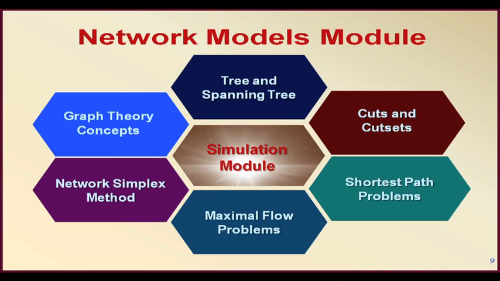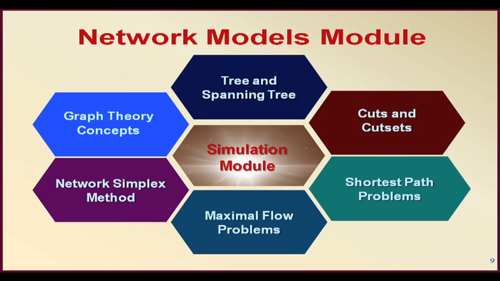There is even the network simplex method, where we try to solve graph theoretic or combinatorial problems with the help of linear programming. The specific linear programming for network is known as the network simplex method. But before all this, the first week will be devoted to the basic graph theoretic concepts, the concepts of tree and spanning tree and the cuts and cut sets.